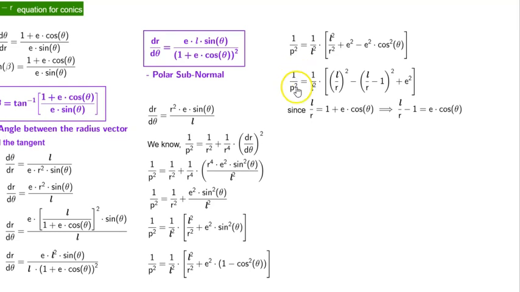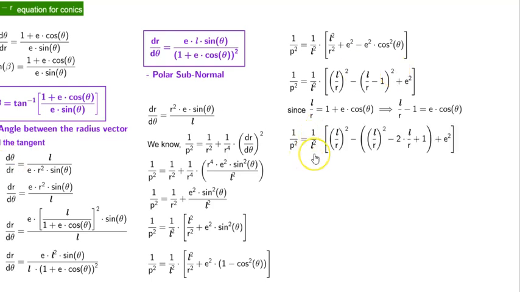Now 1 by P square is equal to 1 by L square times L square by R square minus L by R minus 1 square plus E square. Now how did we get this? Since L by R is equal to 1 plus E cos theta implies L by R minus 1 is equal to E cos theta. So since we have E cos theta square, it becomes L by R minus 1 square.